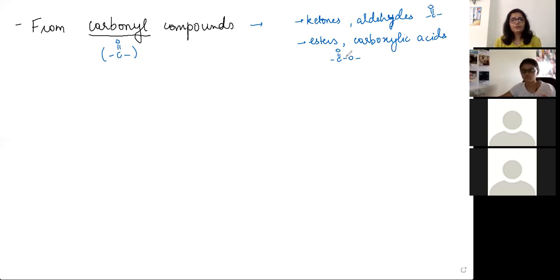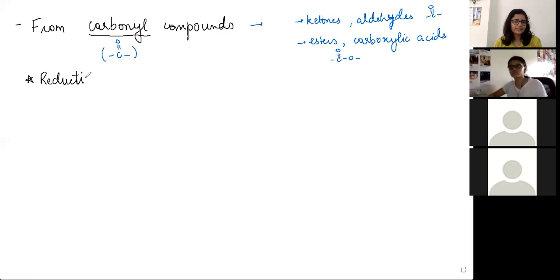Now, in order to convert this to alcohol, what do you need to do? What part is to be modified or added or removed? H needs to be added. So conversion of carbonyl compounds to alcohol is basically like you're just reducing all of them.